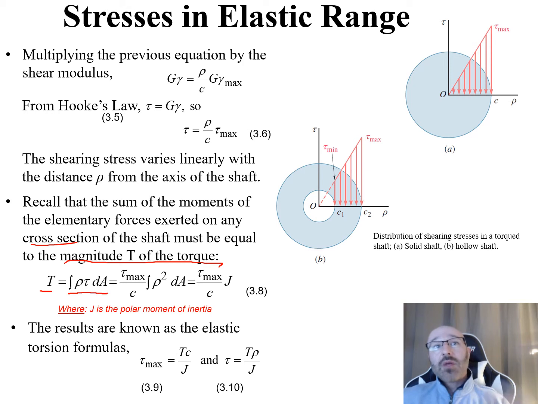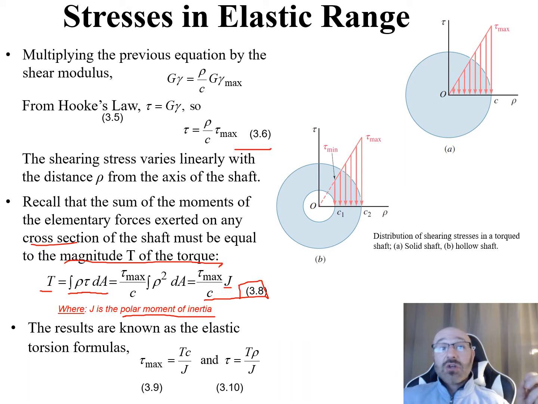We can plug into that from equation 3.6 and see that torque is equal to tau max over C times the integral, when we pull that out front as a constant, of rho squared dA. From there, we get equation 3.8 in this section of the textbook, that T is equal to tau max over C times J, where J is our polar moment of inertia.